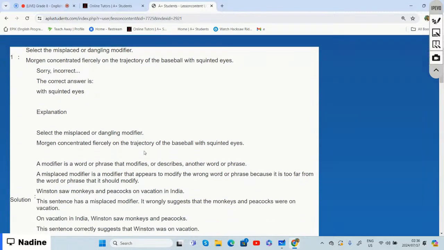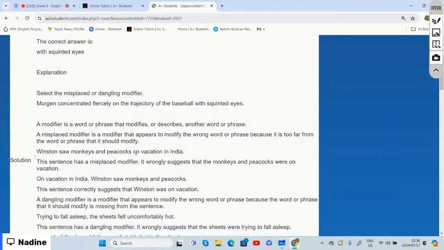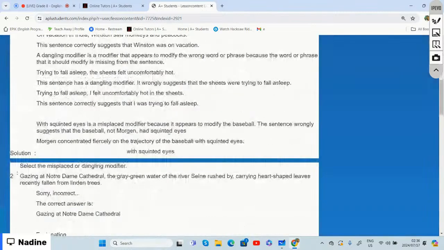And if we were to choose one of the modifiers, we would say with squinted eyes.